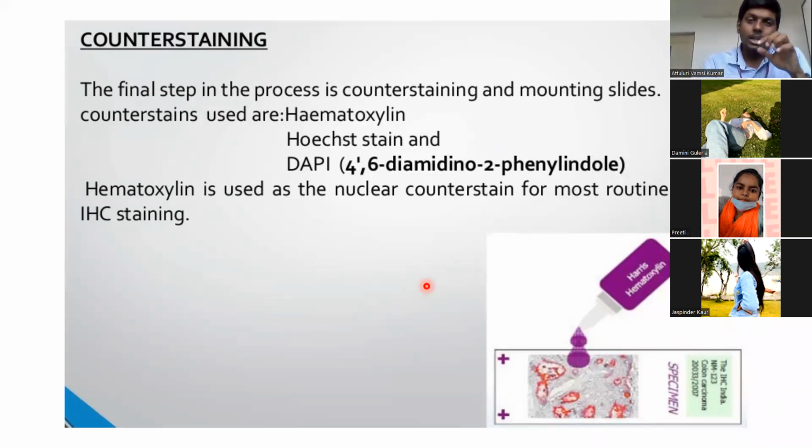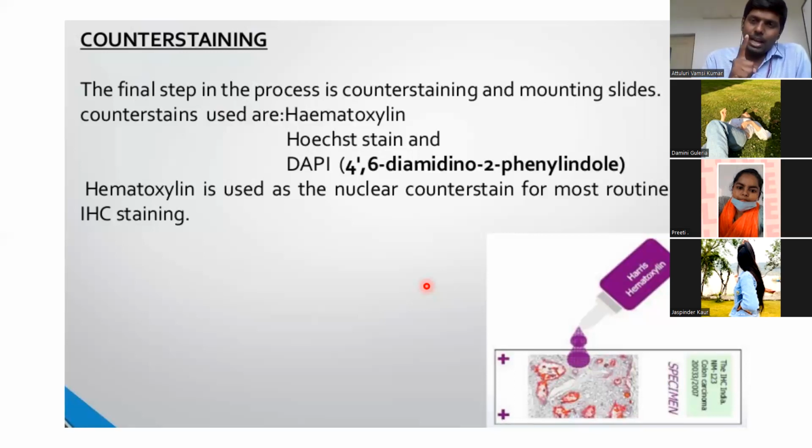So what are the limitations of immunohistochemistry? The limitations mean we can say some disadvantages. There are some limitations, like if we are not doing the antigen retrieval step properly in the heating procedure, if we overheat or underheat, there is a chance of destroying the epitopes of the specific antigen.